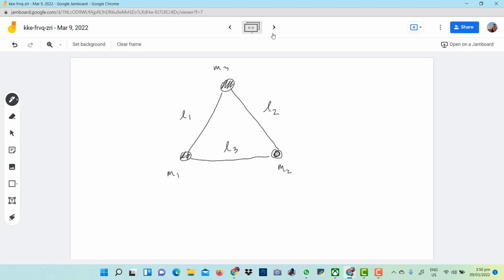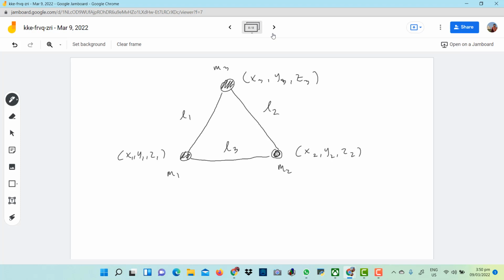M1 has a coordinate of x1, y1, z1. M2 has a coordinate of x2, y2, z2. M3 has a coordinate of x3, y3, z3. So I have 9 coordinates.